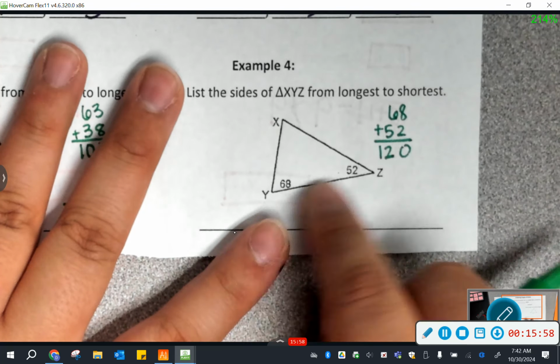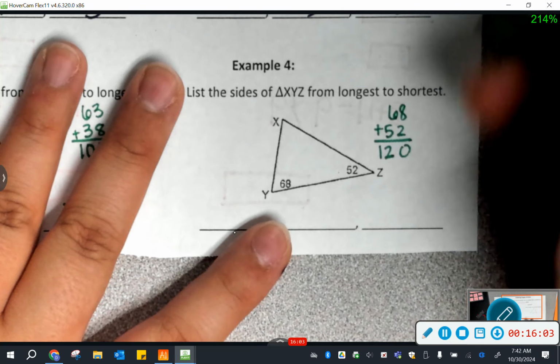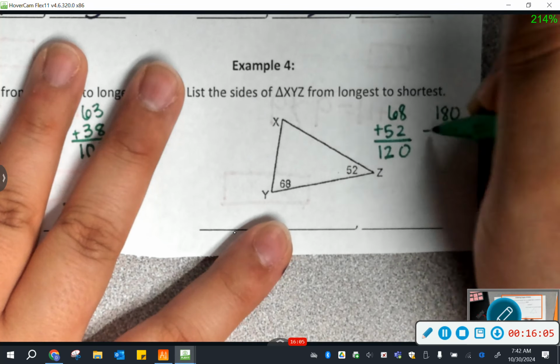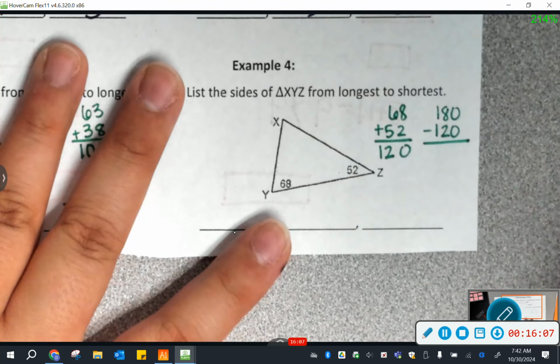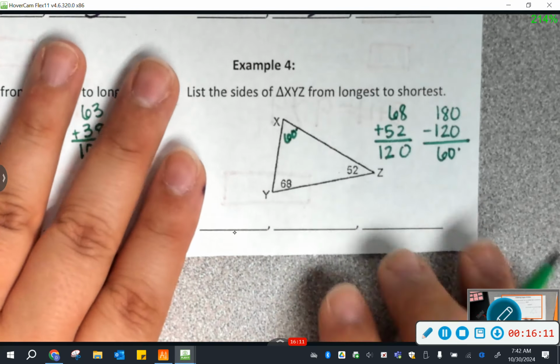Did y'all get 120 when y'all added them? And then what did you do? Subtract from 180. What is 180 minus 120? 60 degrees. So this right here is 60 degrees.